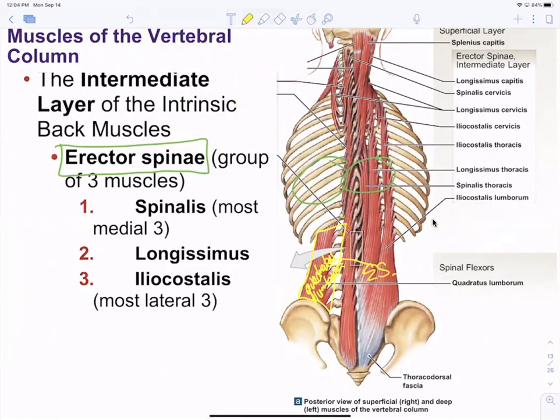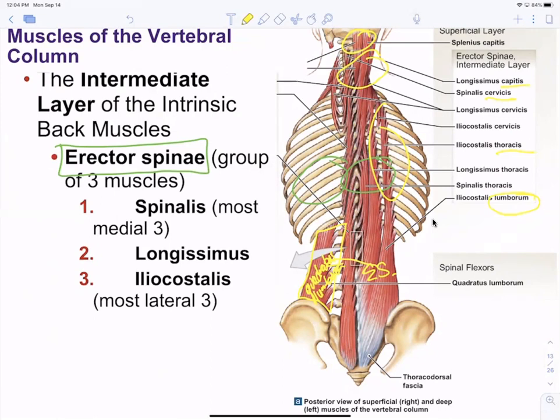Now the erector spinae is going to be named basically for whether it's attached to your head, which would be capitis, whether it's in the cervical area, which would be cervicis, whether it's in the thoracic area, attached to a rib, that would be thoracis, and whether it's in the lumbar area, okay? And then it also goes spinalis, longissimus, and iliocostalis.